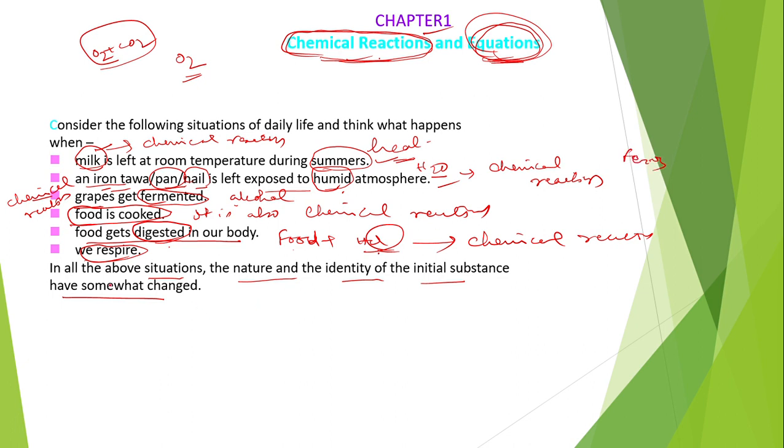So that's what he is telling. In all the above situations, the nature and the identity of the initial substances have somewhat changed. So this is the meaning. That means in nature, whatever we are seeing, there may be chemical reactions occurring.